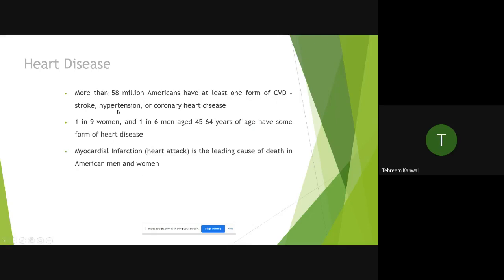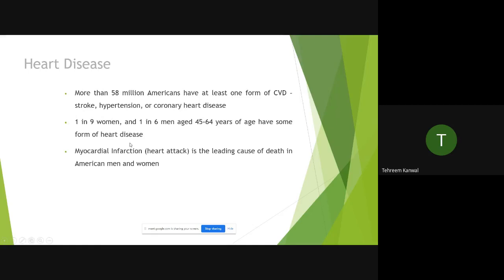Cardiovascular diseases include stroke, hypertension, and coronary artery or coronary heart disease. About 1 in 9 women and 1 in 6 men aged 45 to 64 years have some form of heart disease. Okay, I think this is the old statistics.